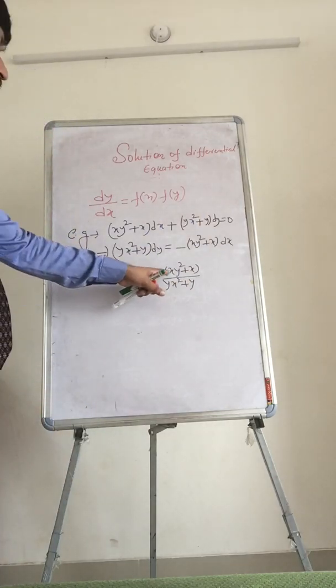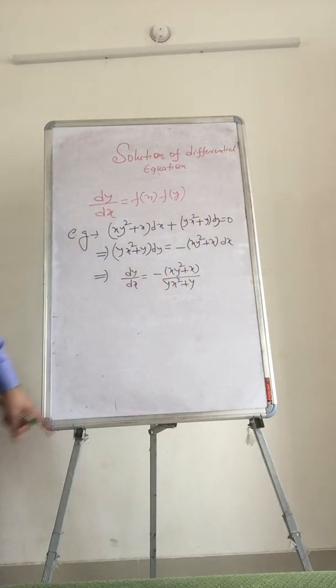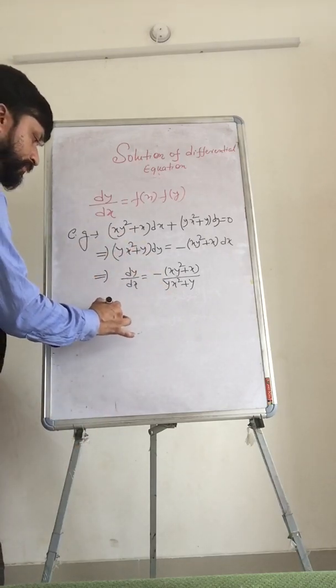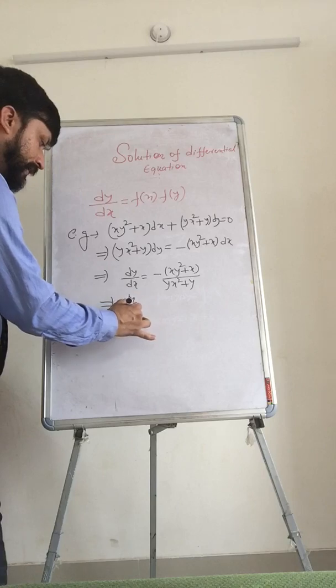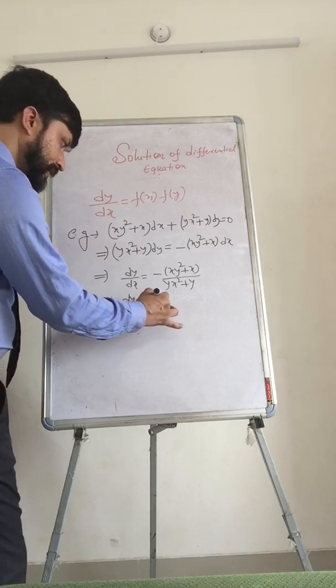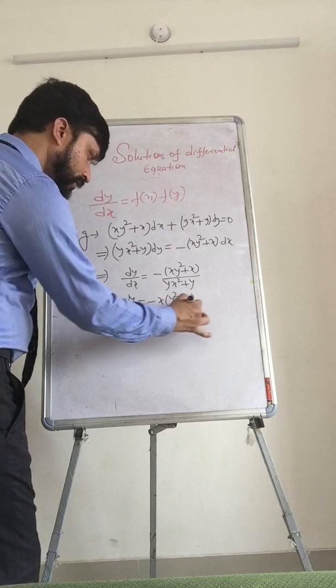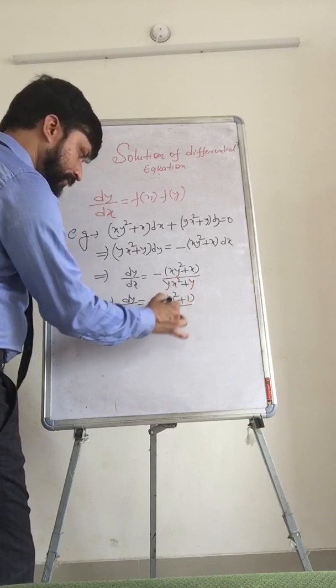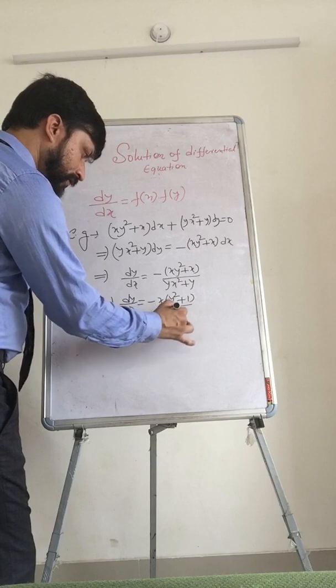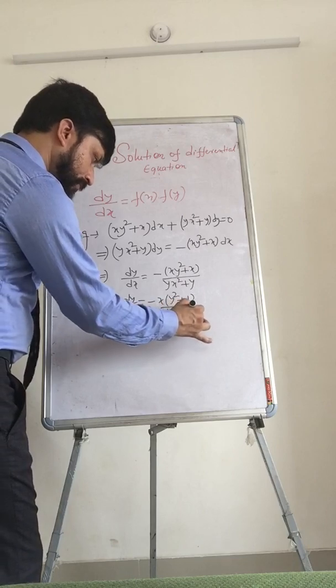From the numerator we can take x common, and from the denominator we can take y common. So dy/dx equal to minus x (y square plus 1) by y (x square plus 1).